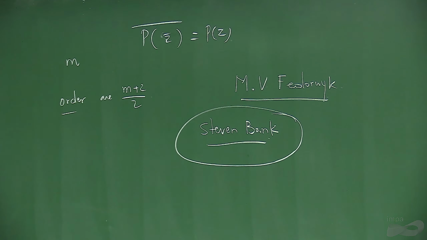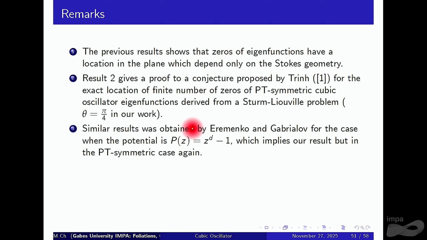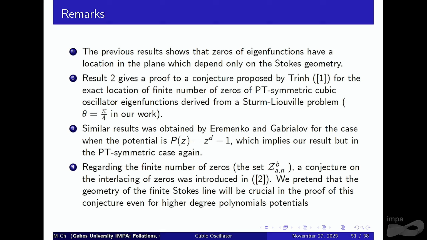A similar result was also established by this author in this particular case. Our result confirms this result in the case of d equal to 3, and not only in the particular PT-symmetric case; we have more generality in our result.